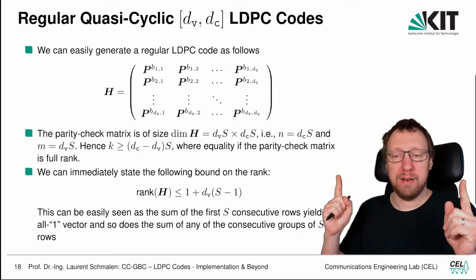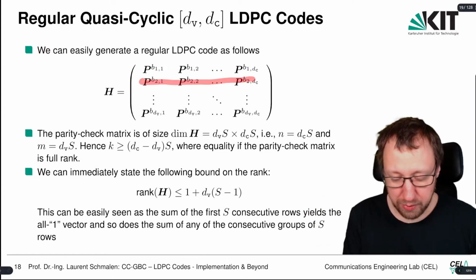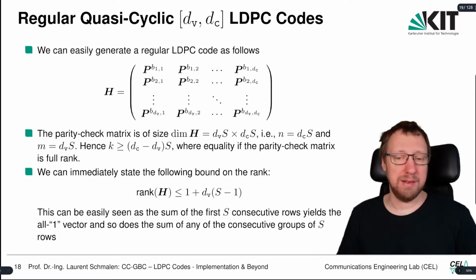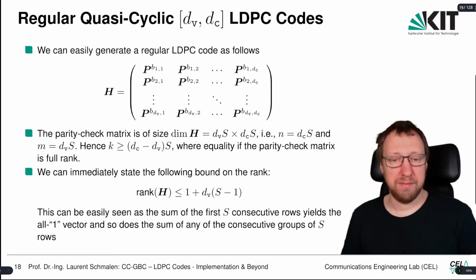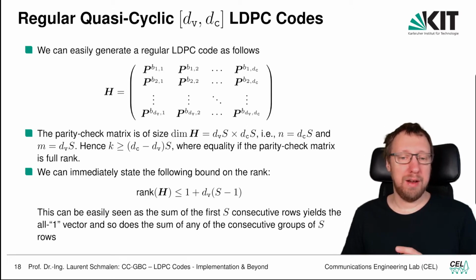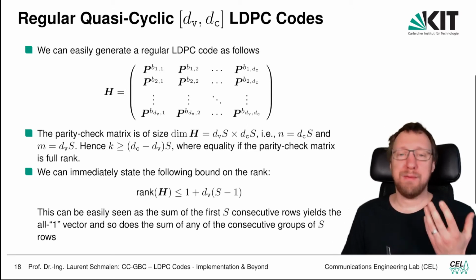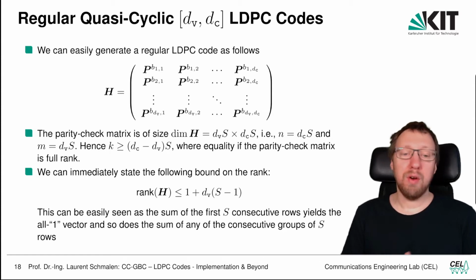It's an all-one vector. And the same holds for each of those blocks of rows. So any of the consecutive s rows gives us a vector that contains all ones, and therefore we have linearly dependent vectors. So that's why we have rank deficiency.